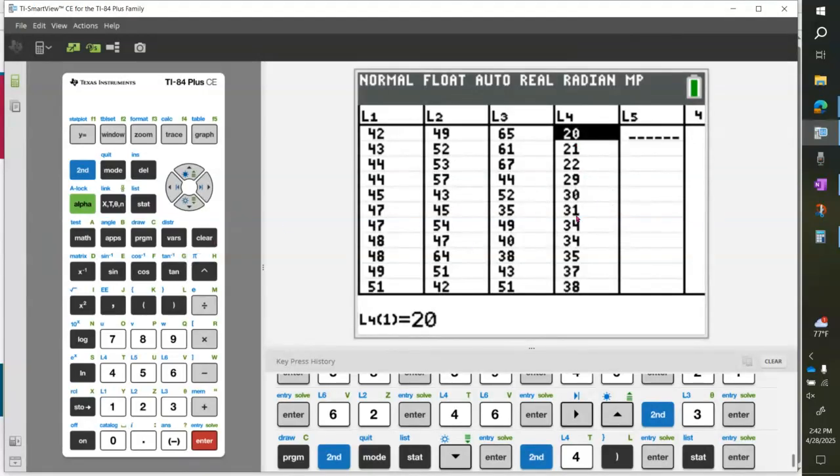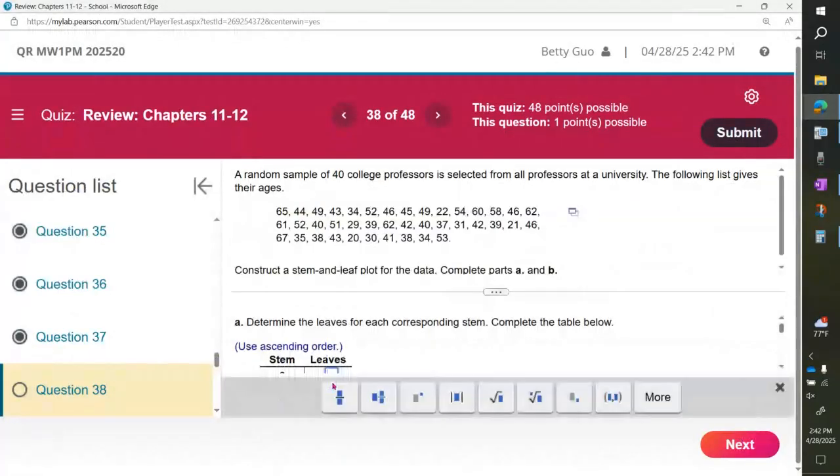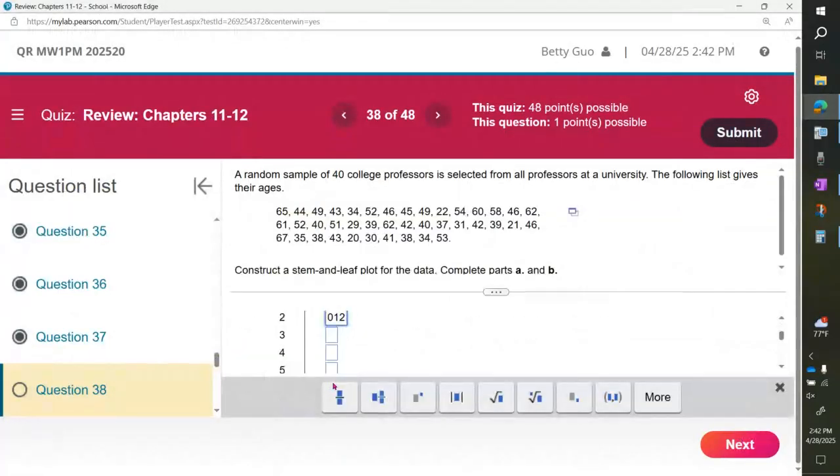Now you look at L4, it's all sorted. So for the 20s we have 0, 1 to 9, as in a stem leaf plot, which means we have 20, 21, 22, 29.